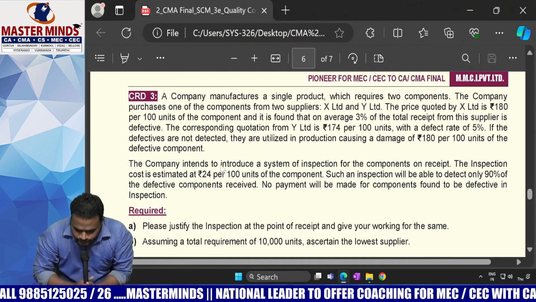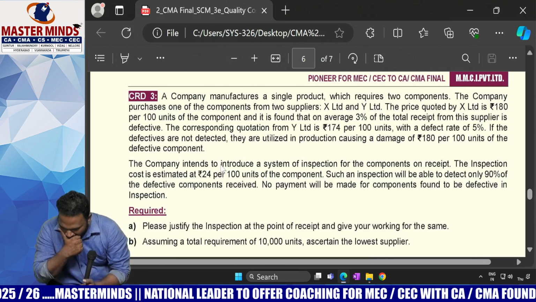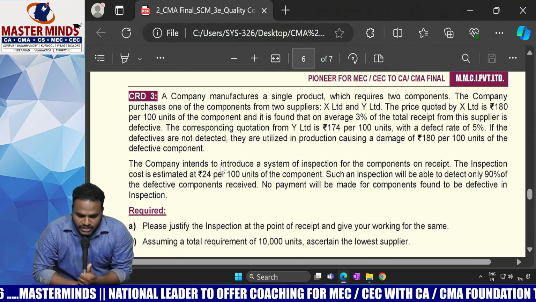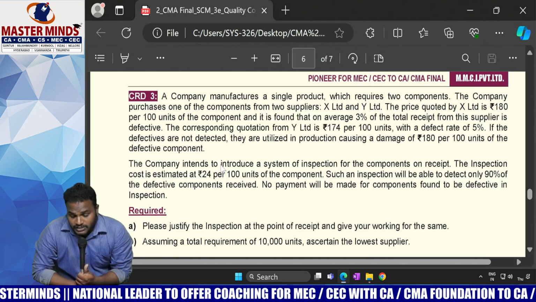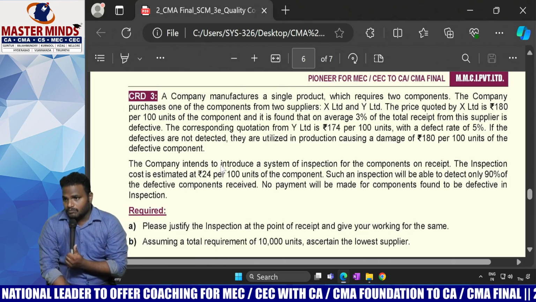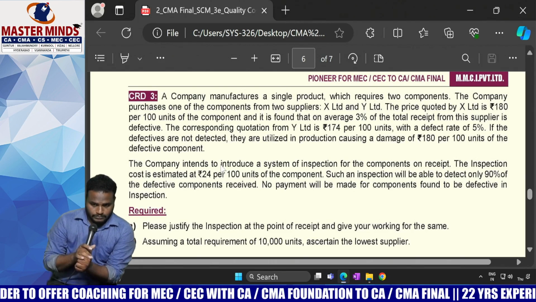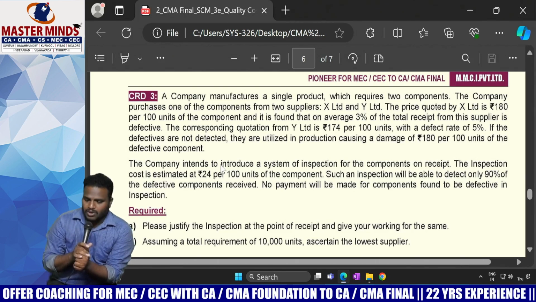Next. Required: please justify the inspection at the point of receipt and give your working for the same. Now they are asking whether the implementation of the inspection is the best or not. Then how can I take the decision, sir?